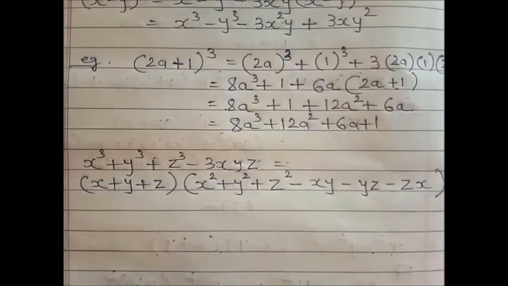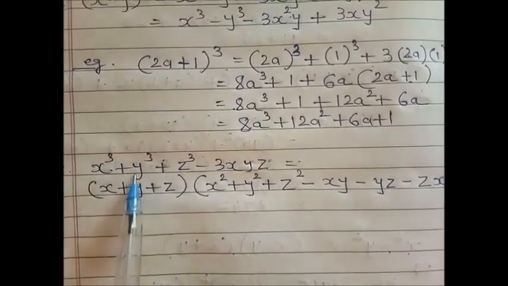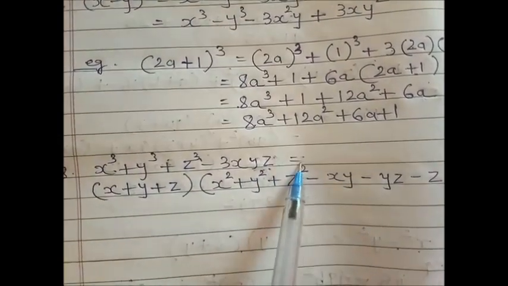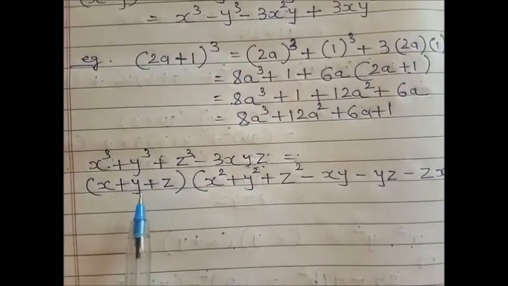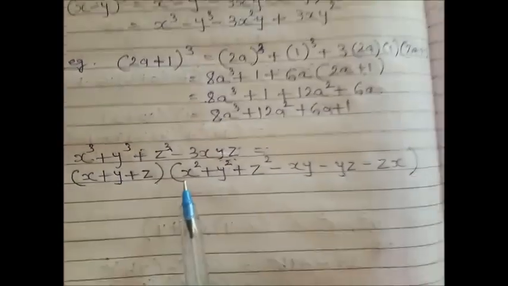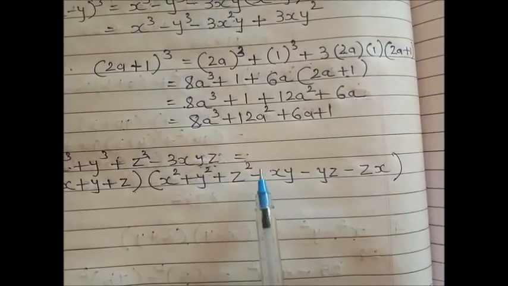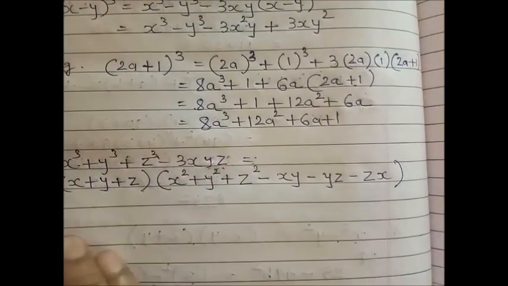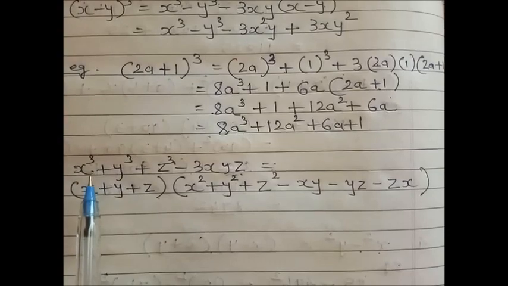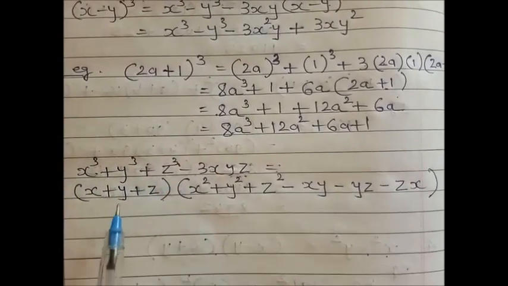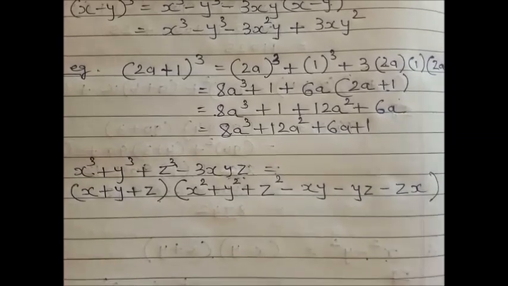Right, see again properly: x cube plus y cube plus z cube minus 3xyz is equal to what? So (x plus y plus z) in one bracket, then in second bracket (x square plus y square plus z square minus xy minus yz minus zx). So you just have to identify the cube of first three terms. Right, after that you can follow this formula.